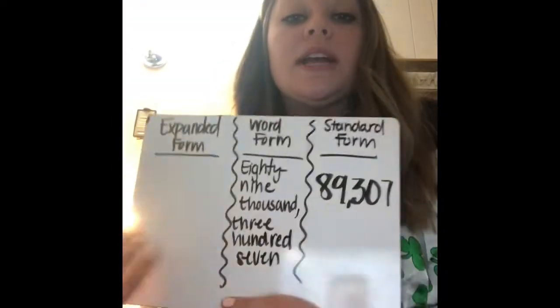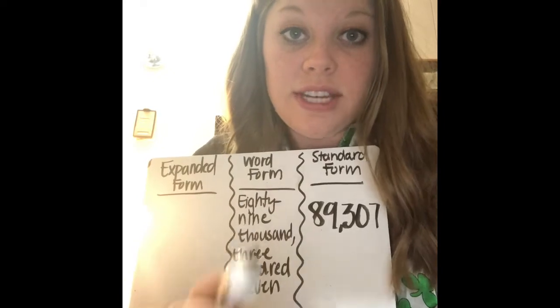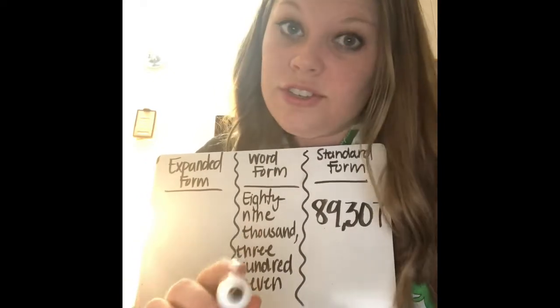Remember not to say "and" 7, because "and" means that there's a decimal or a fraction, which we know what those are now.